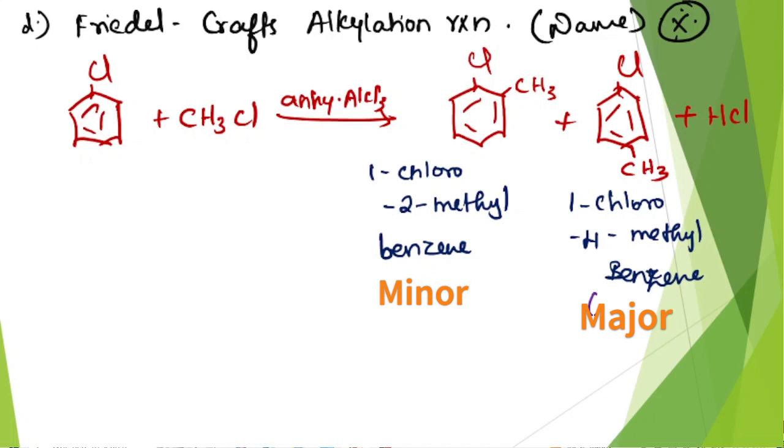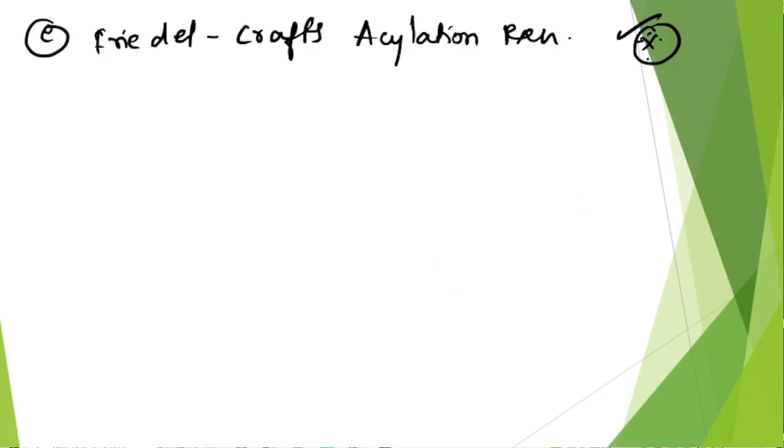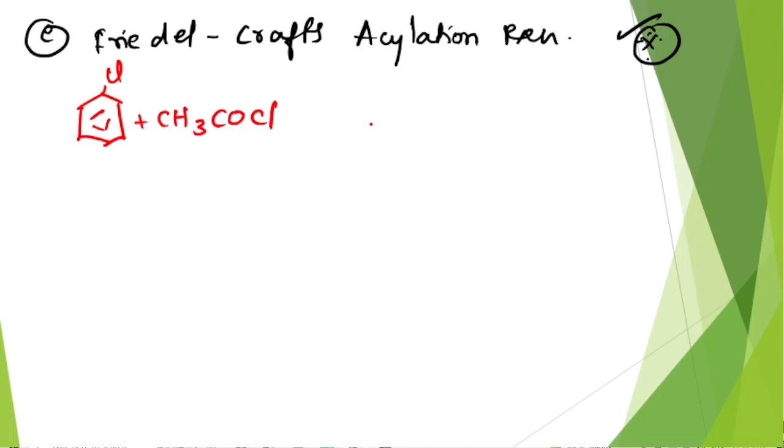Okay, next we are going to go for the Friedel-Crafts acylation reaction. So let's start doing the Friedel-Crafts acylation reaction. It is also a name reaction. So here also we are going to have the chlorine attached with the benzene ring. And here we are going to take CH3COCl in the presence of anhydrous AlCl3.